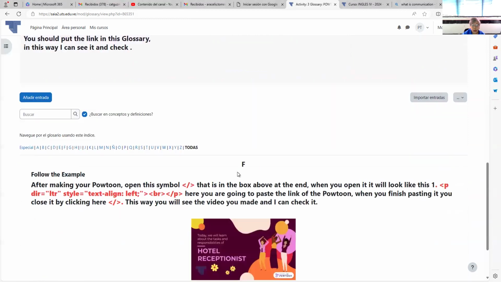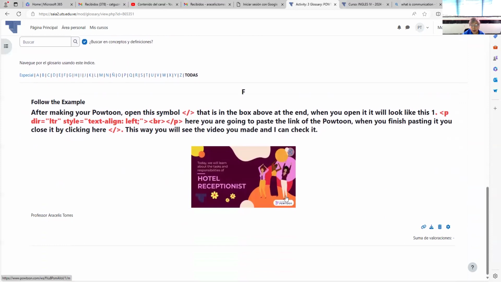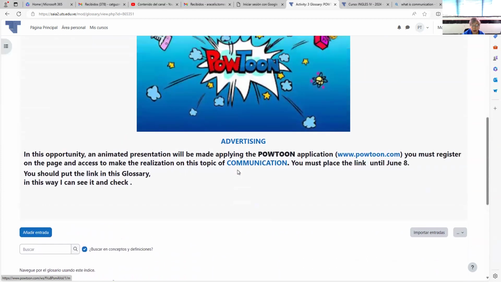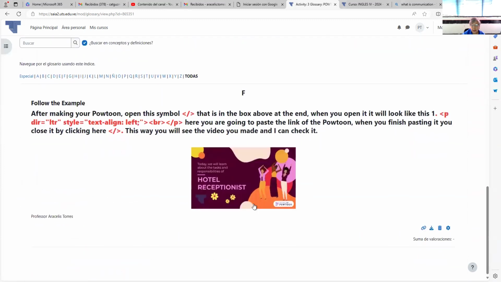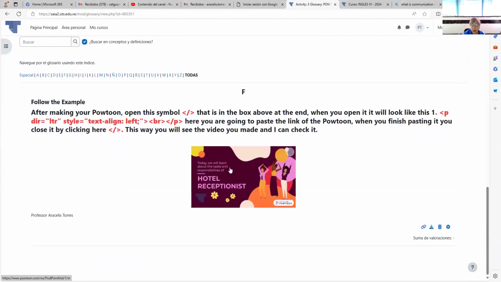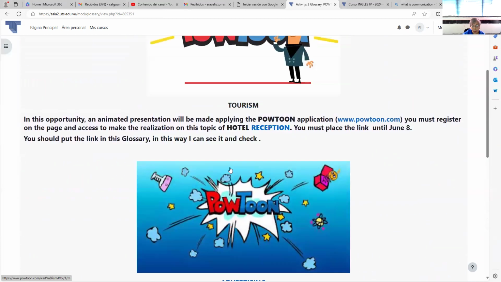You have to write it in the glossary, that's the activity, and put the video so I can see it. I cannot take it out of the room, okay? If I don't see the video here in the glossary, I cannot correct it, okay?